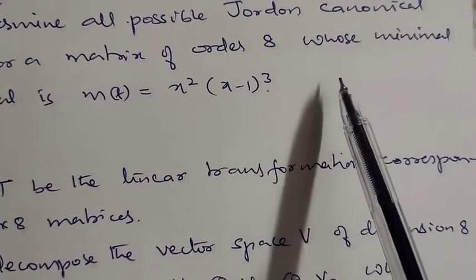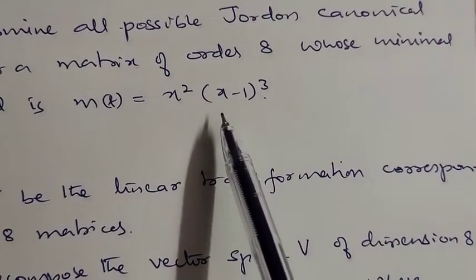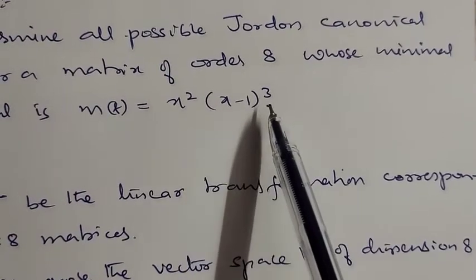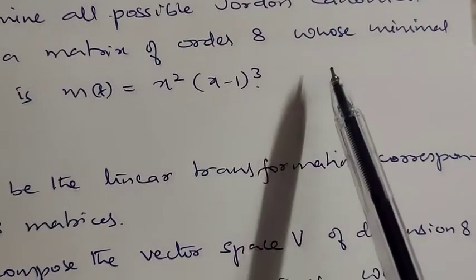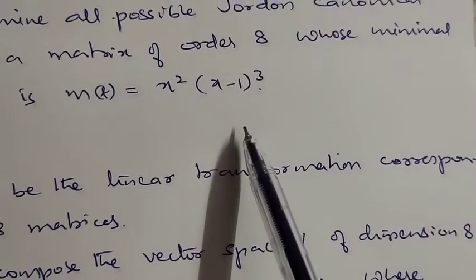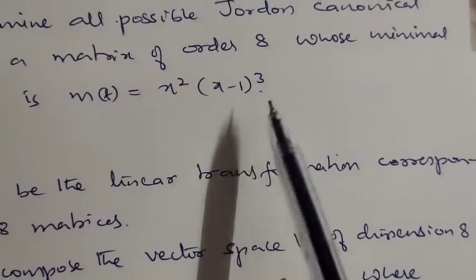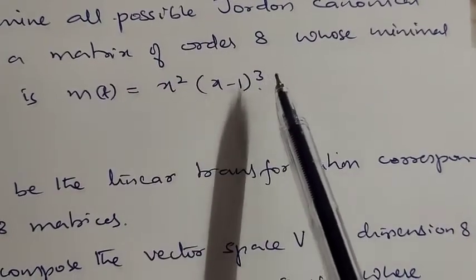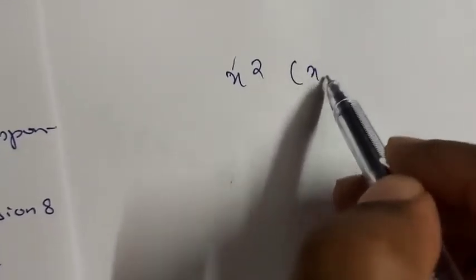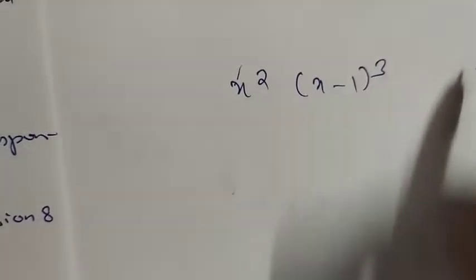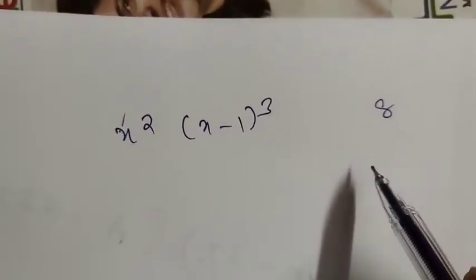The remaining terms: totally 5, another 3 you need to add, so you can take another x minus 1 whole cube. Or x square into x minus 1 whole cube you keep as it is. I will write here the possibilities. Totally it's of order 8 I need.